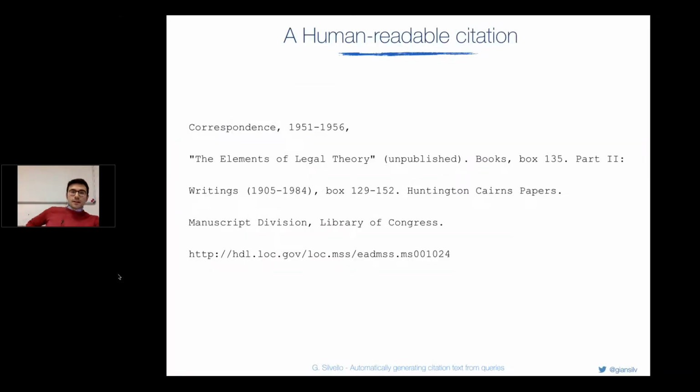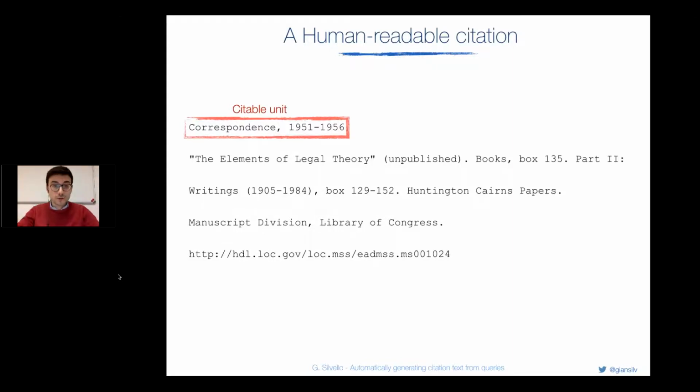So here we have a human readable citation. If we want to cite a node within an archive, this is what a typical citation looks like. I took this citation from the guidelines of an archive that I consider. So correspondence and this date is the citable unit. But if we want to cite this, you see that it is not very informative.